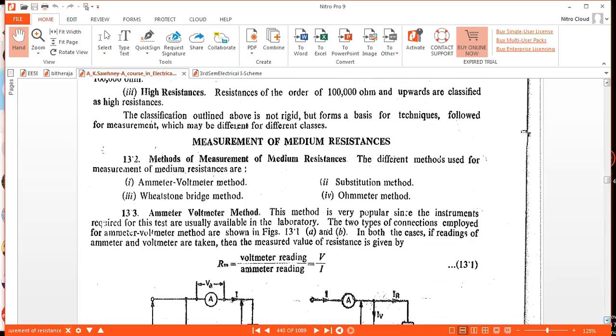The basic method is the ammeter voltmeter method, another is the substitution method, another is the Wheatstone bridge method, and the ohm meter method. Very popularly, with practical perception, the method used is the ammeter voltmeter method. Practically, the ammeter voltmeter method or the Wheatstone bridge method is used. The ammeter voltmeter method is easier because not everyone has a Wheatstone bridge available, but everyone has an ammeter and voltmeter available.